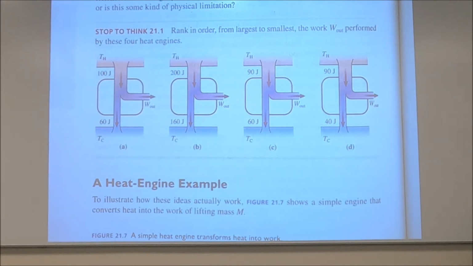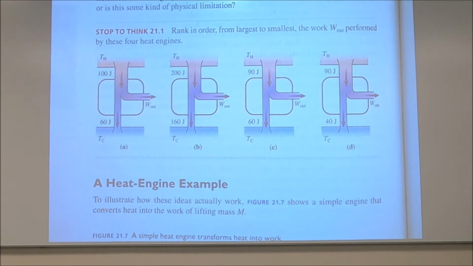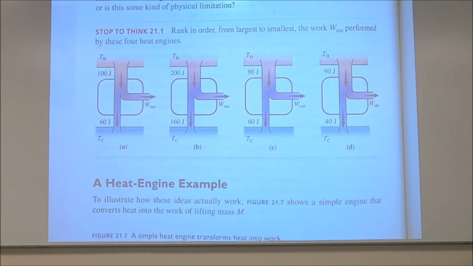For B, it would be the 40 joules divided by 200 joules, so 0.2 or 20% efficient. In C, we have 30 joules out divided by 90 joules, so that would be 0.33 or 33%.